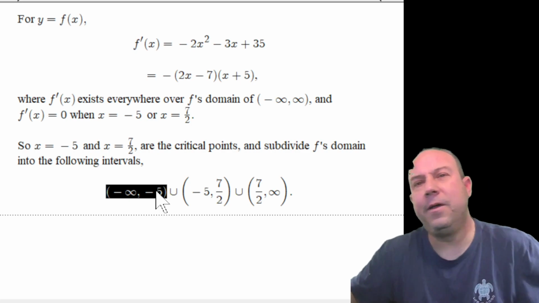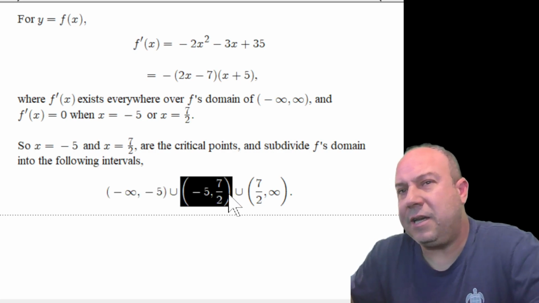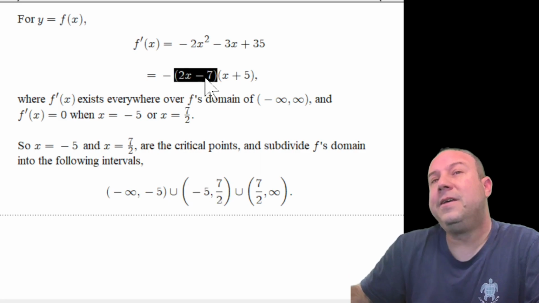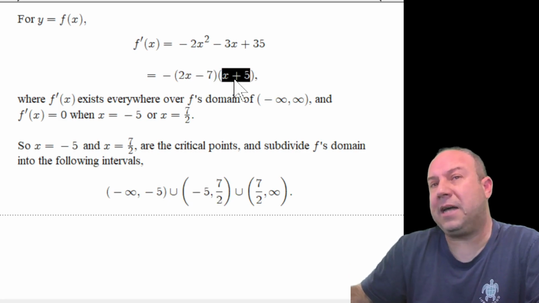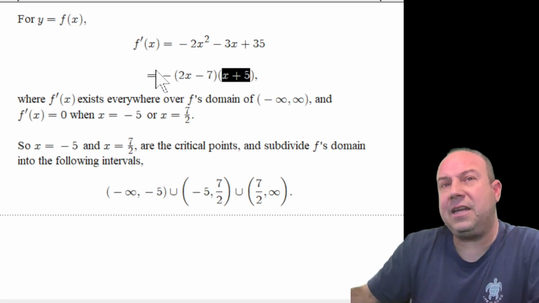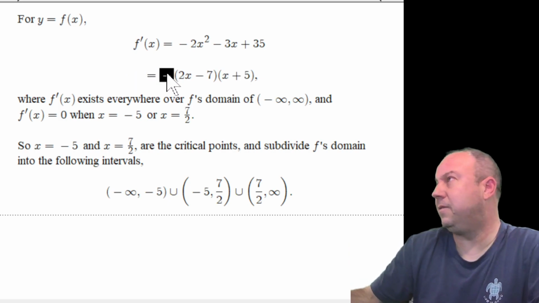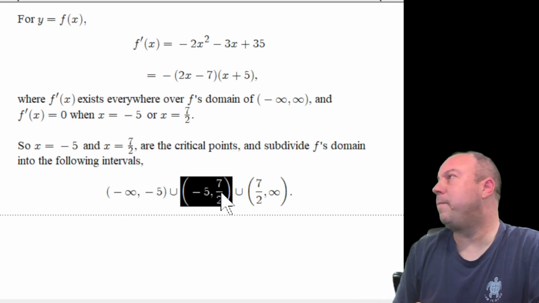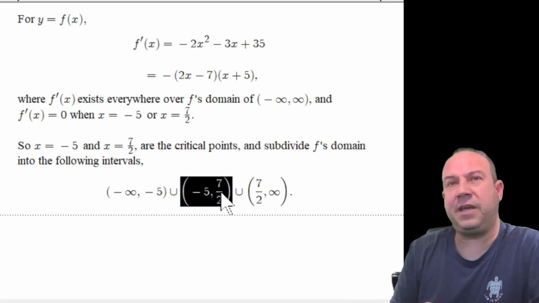All right? Whereas if I use 0 in here, because 0 is between negative 5 and 7 halves, notice this will be negative and this will be positive, which is a negative in product. But then times this negative will become positive. So if 0 produces a positive value for f prime in here, then we must be increasing, and we are.